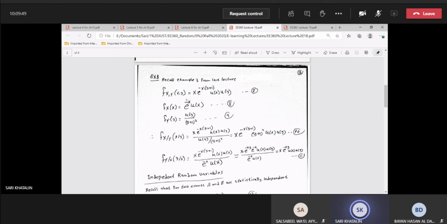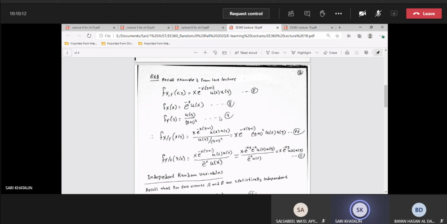As an example, if we recall from last lecture, lecture 17, we had a joint PDF and we derived the marginal PDFs for X and Y. These are the main results.